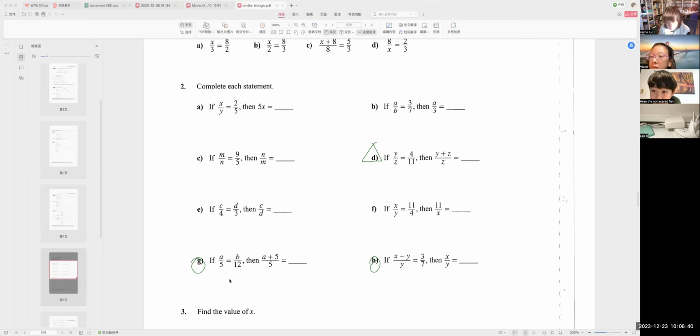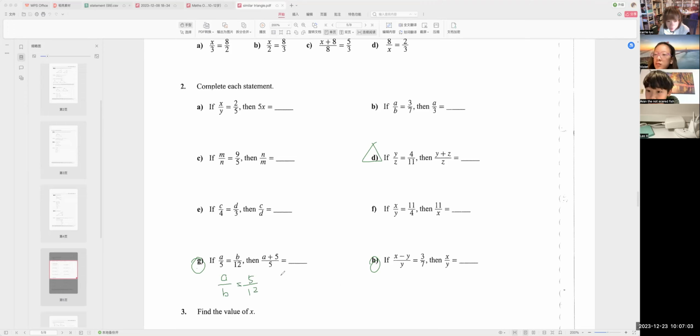So let's take a look at this one. A over 5 equals B over 12. So obviously A does not equal B, 5 does not equal 12, right? But if you switch, A over B equals what? 5 over 12. Correct, everybody? Okay, so now let's take a look at this one. So what is A plus 5 over 5?